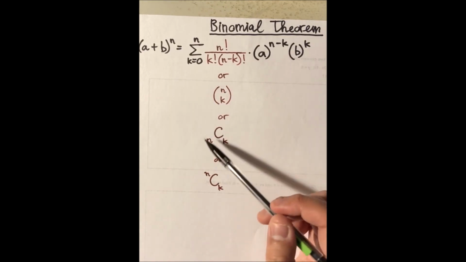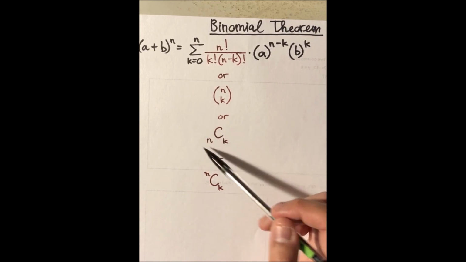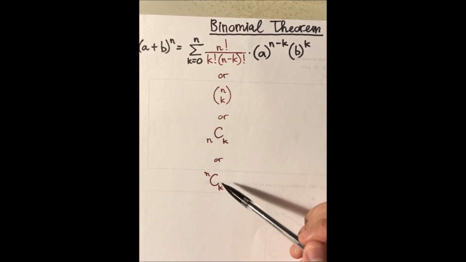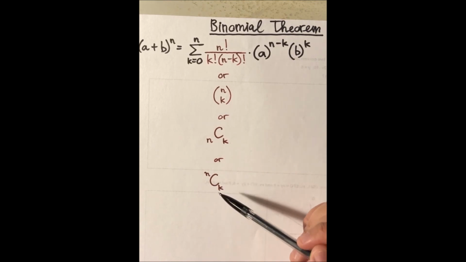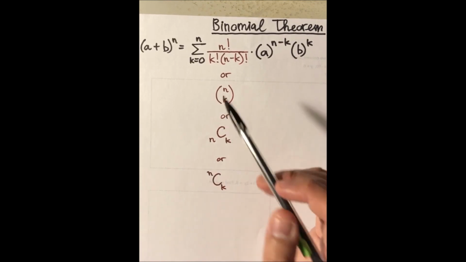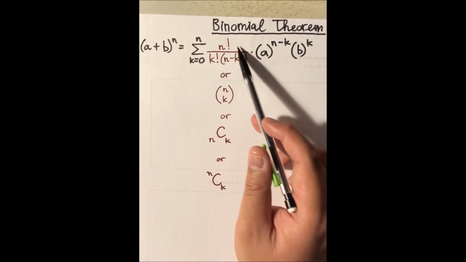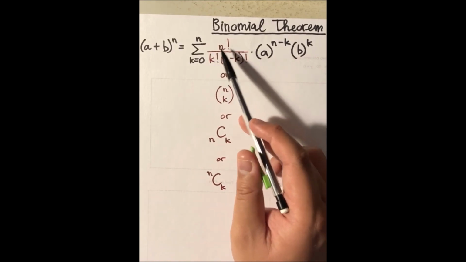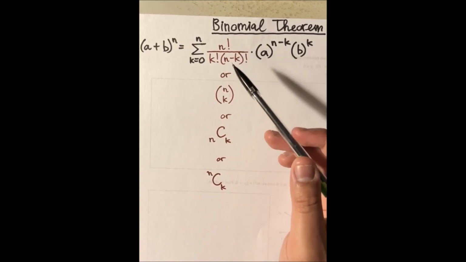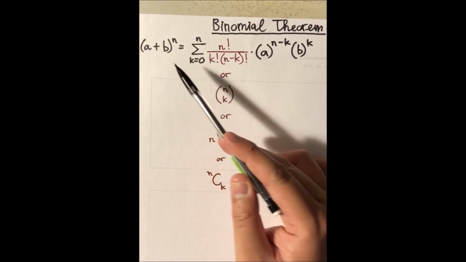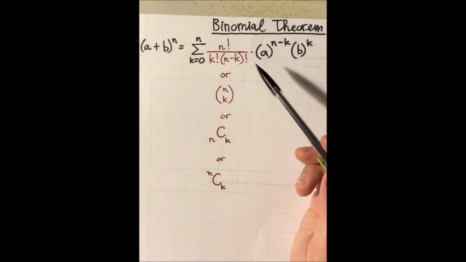And this form is really popular too, but I kind of don't like the way that it is written. And I also don't like the way that this form is written as well, but they all mean the same thing. But in reality, always stick with this one. That is my recommendation, because you're actually going to need this one to do the calculation in order to expand your given binomial expression using the binomial theorem.